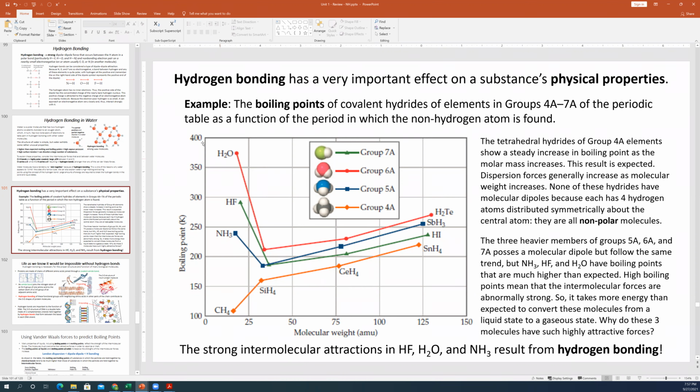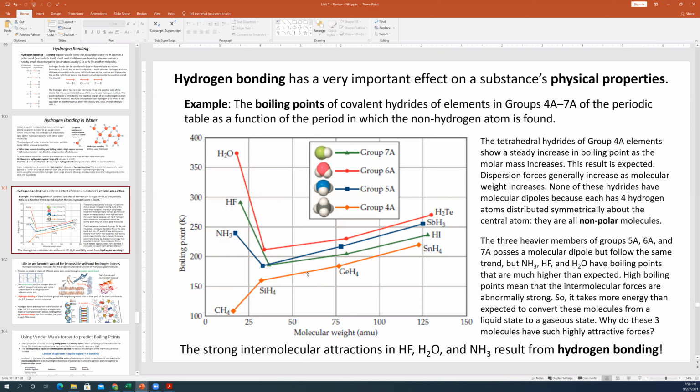But boom, when you have hydrogen bound to oxygen, water has a much higher boiling point. Hydrogen fluoride has a much higher boiling point than any of the other molecules in its group. Again, ammonia has a much higher boiling point than the other molecules in its group, almost as high as this one here.